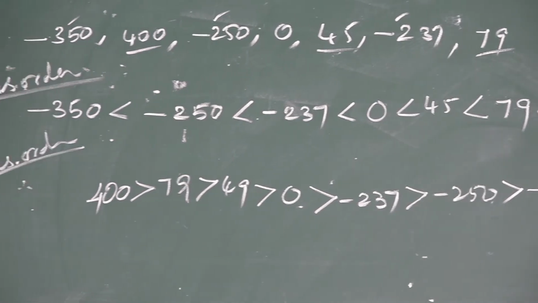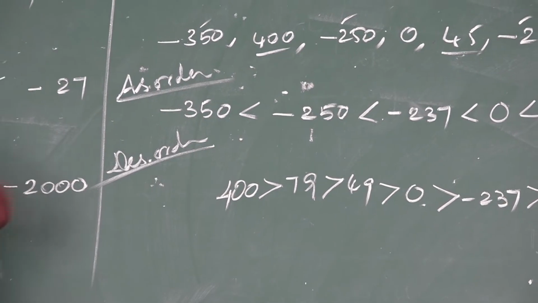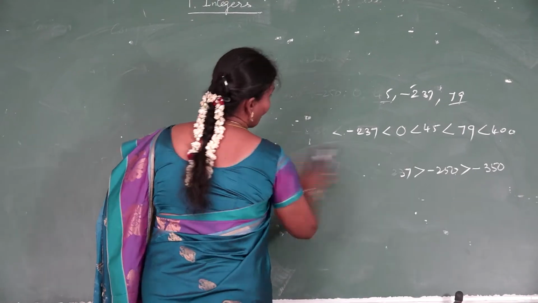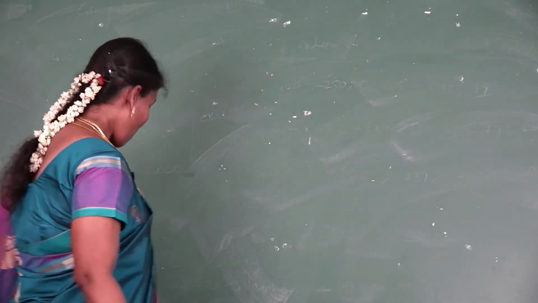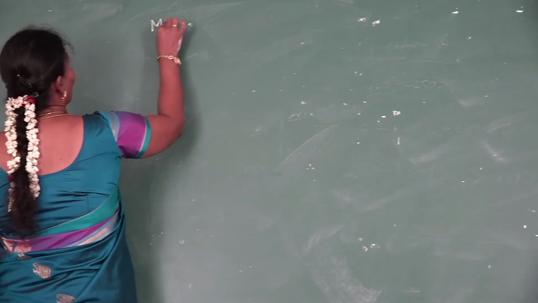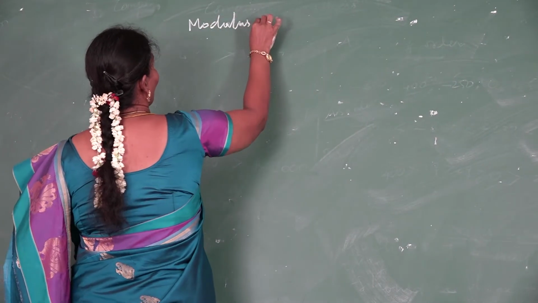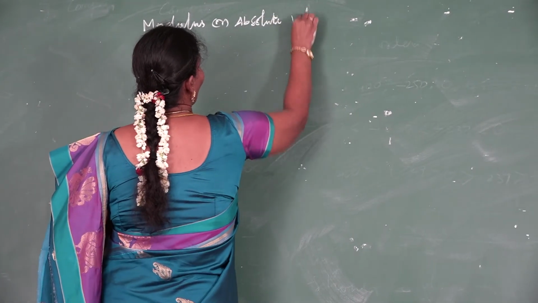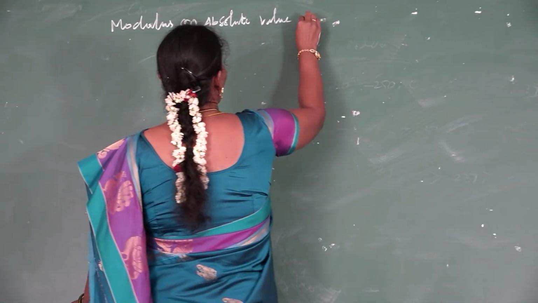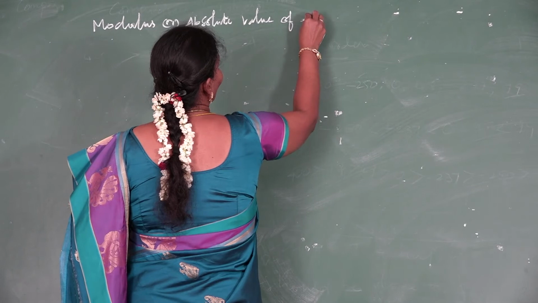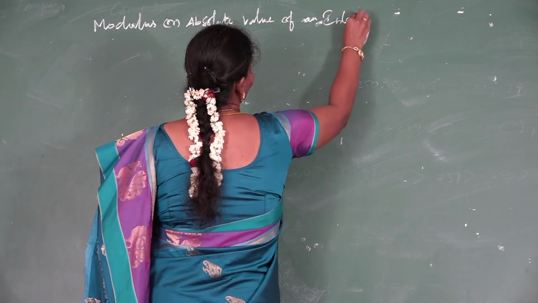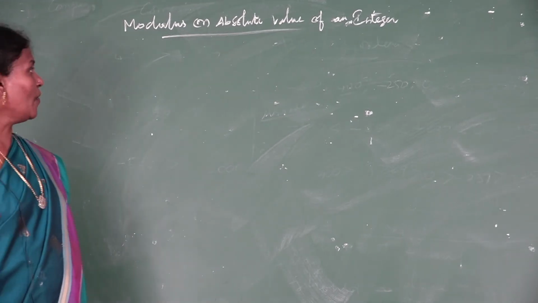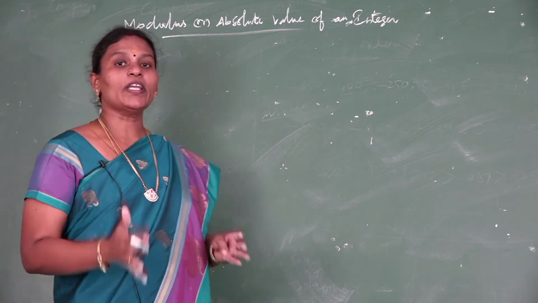Very good. Now we see the absolute value of integers. Modulus or absolute value of an integer. Okay. What does absolute value mean? Absolute value means we take only the numerical value.